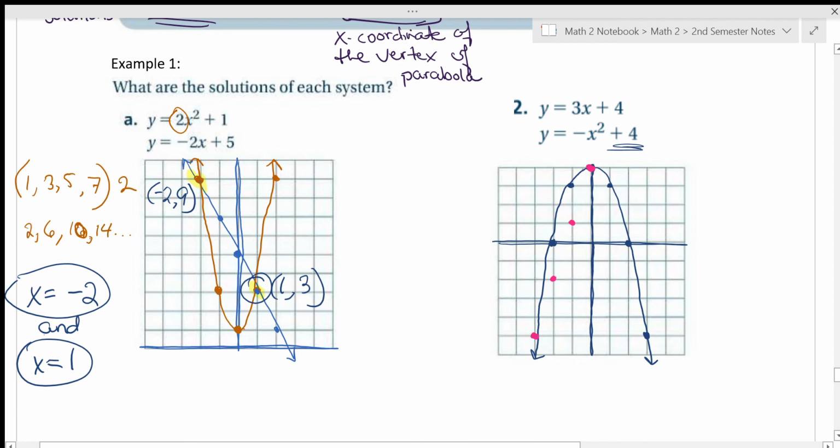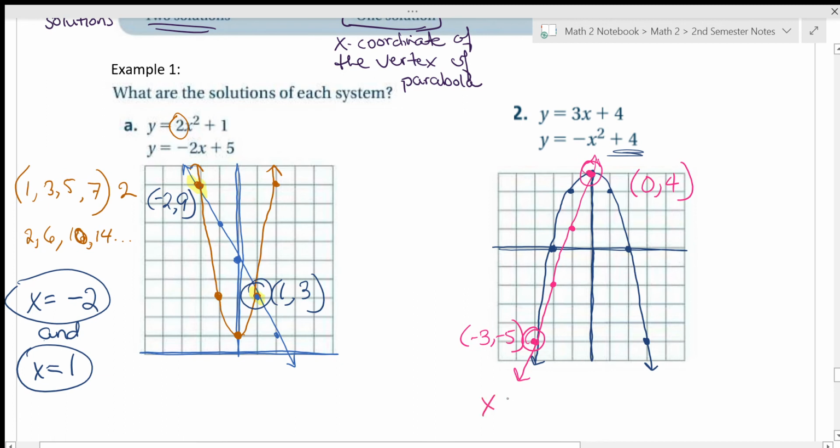And then we can see, I would encourage you to use a straight edge to draw your line here, but my graphs intersect at 2 different points, 0, 4, and negative 1, 2, 3, 1, 2, 3, 4, 5. So my solutions are my 2 x coordinates there. Solutions are negative 3 and 0.